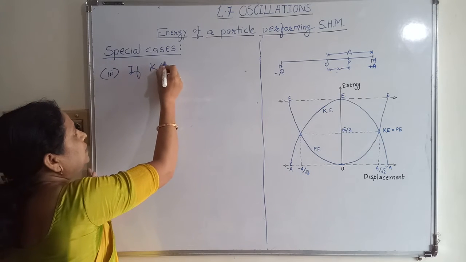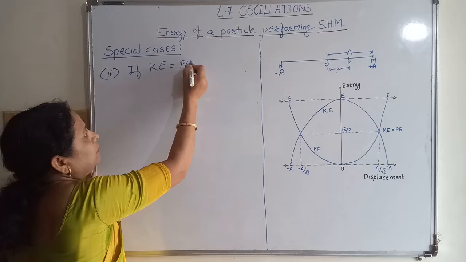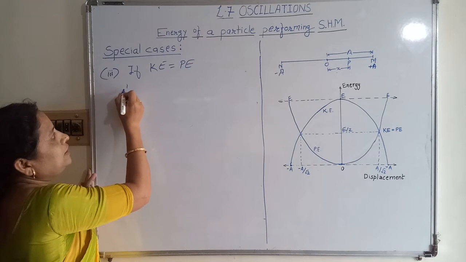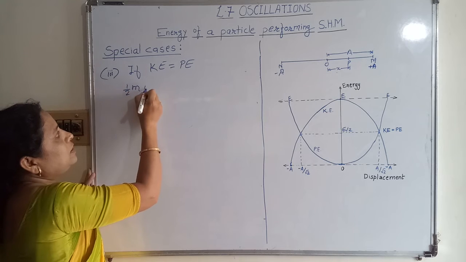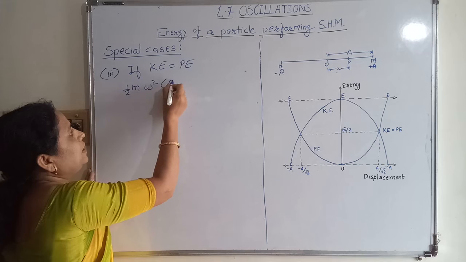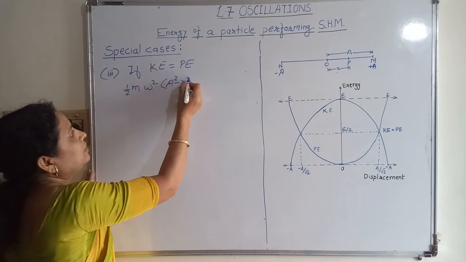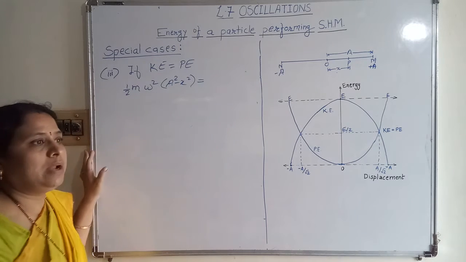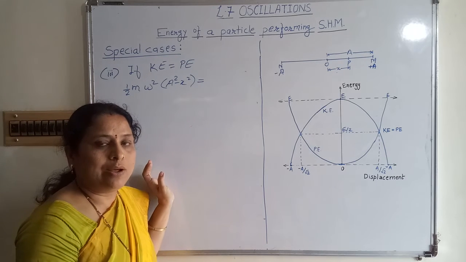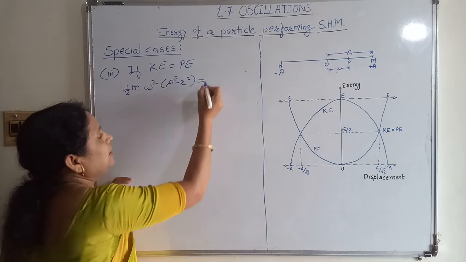What is the formula for kinetic energy? Half m omega square, a square minus x square. What is the formula for potential energy? Half k x square, or half m omega square x square.